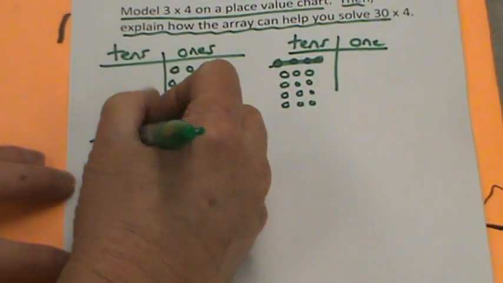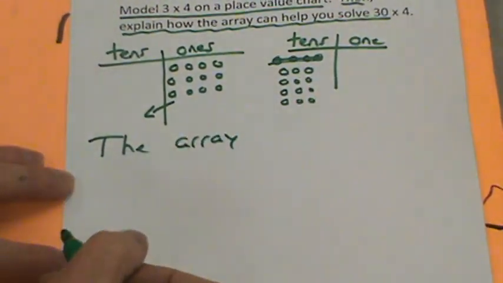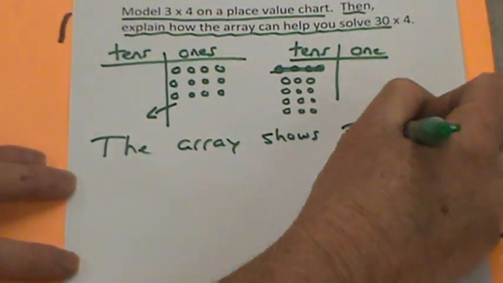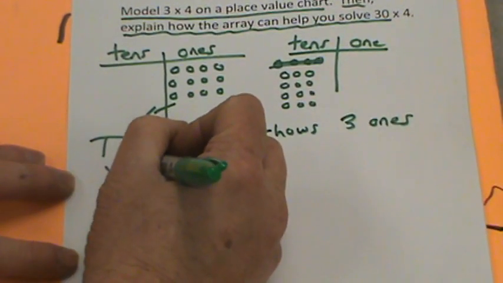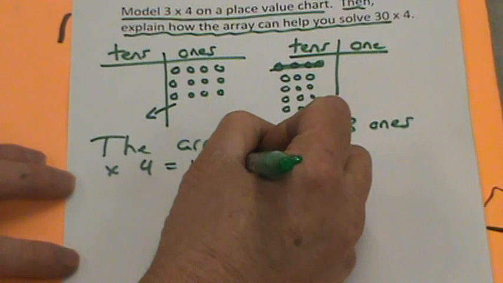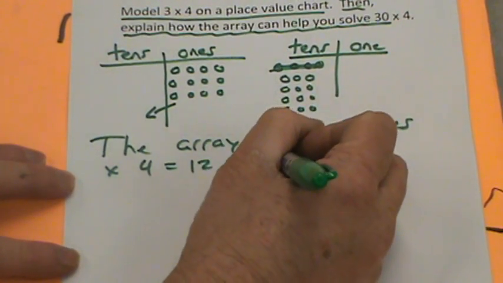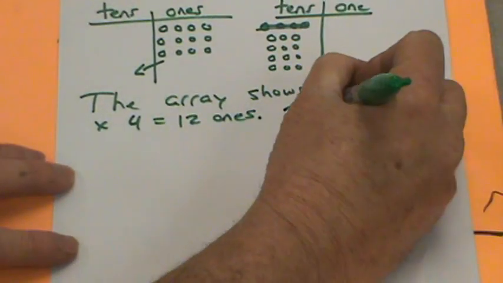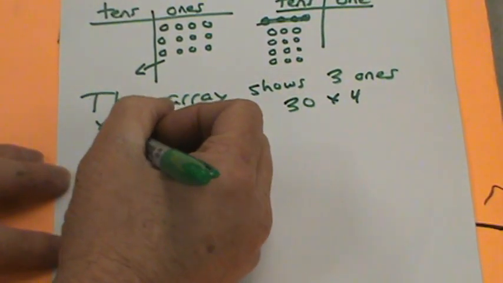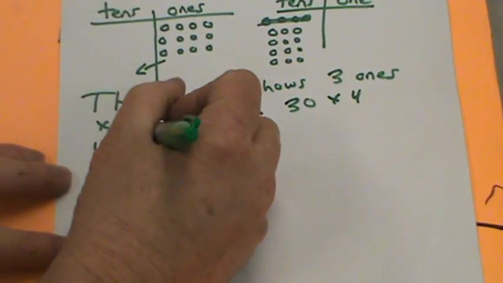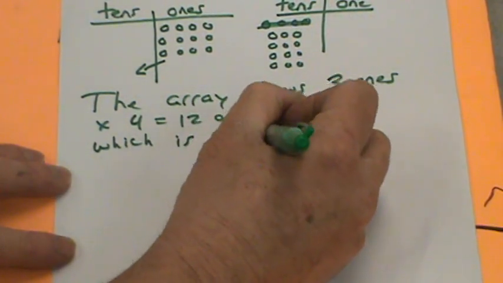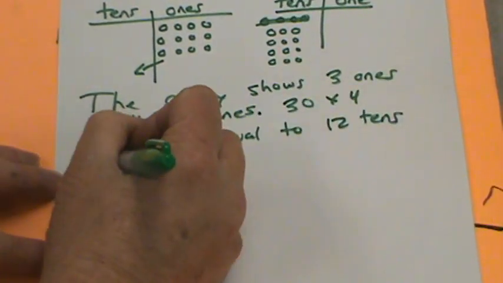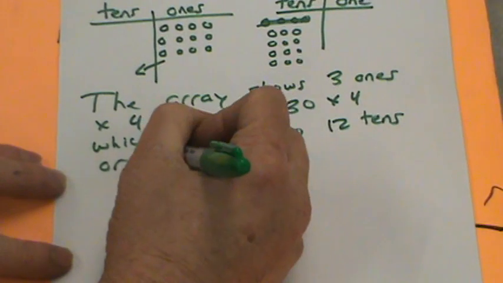We could say the array, and I'll slow down, shows 3 ones times 4 equals 12 ones. 30 times 4 is equal to 12 tens, or 120.